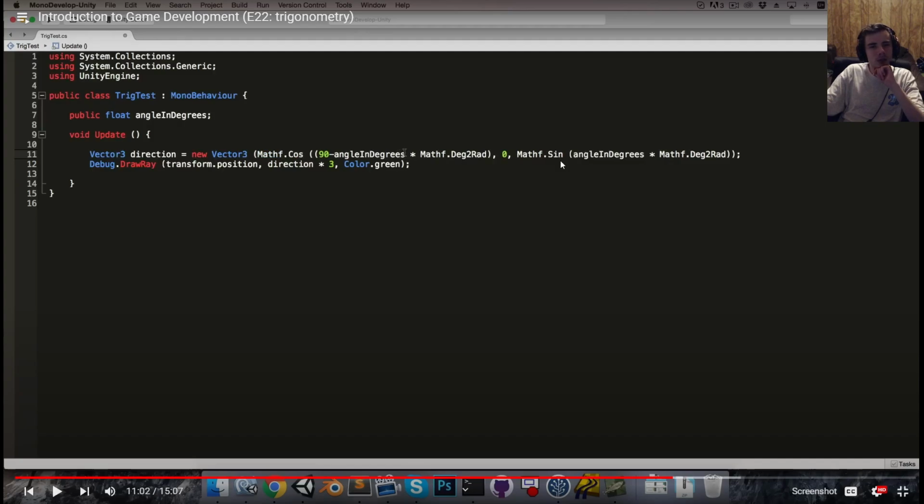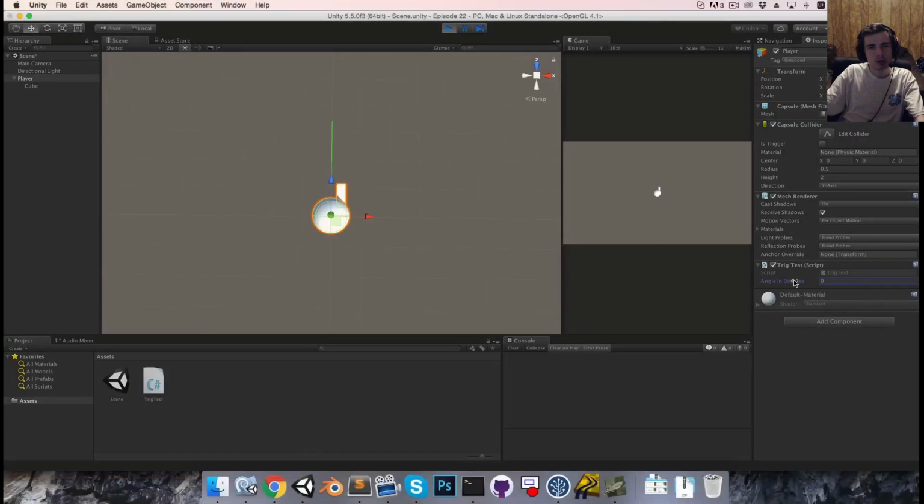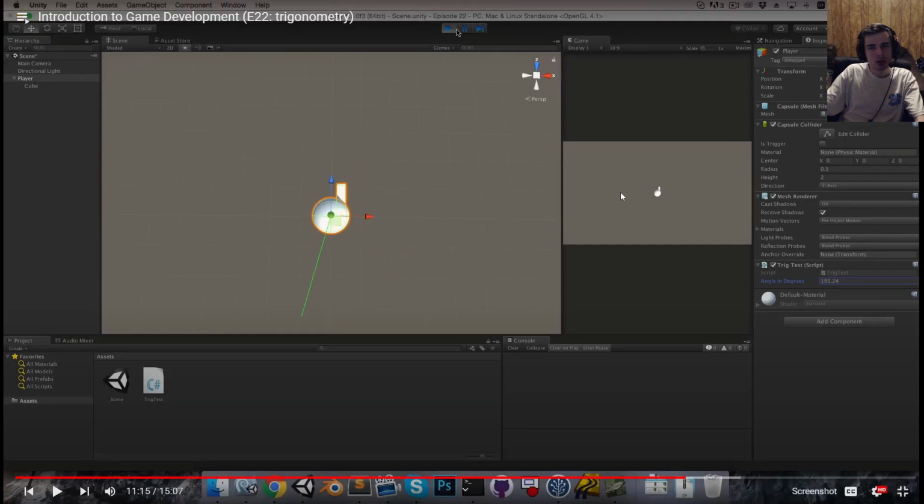What does that equal, though? Mathf.Cos, angle in degrees, and same thing over here, 90 minus angle in degrees. If we save that now, we'll see that it works as expected. But why does he put it on X and Z?